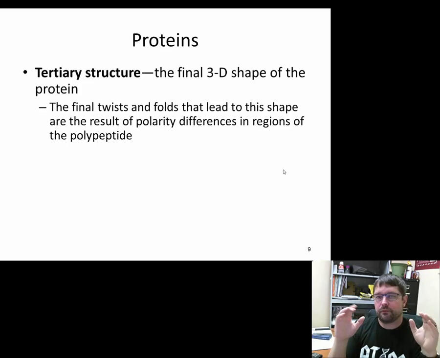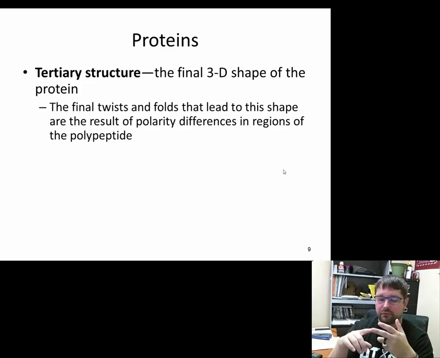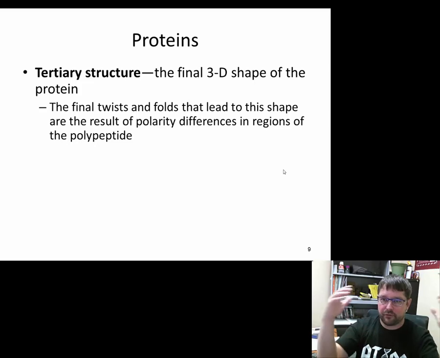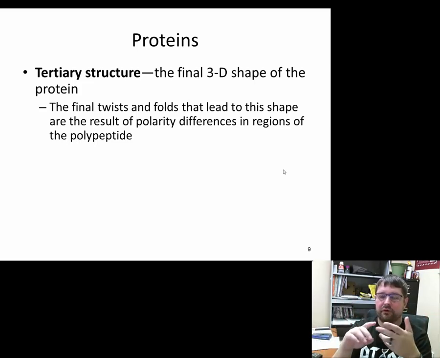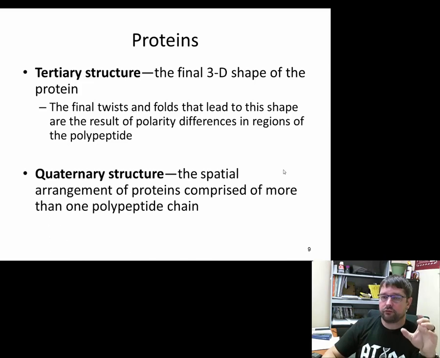So when we talk about proteins, whether we're talking about enzymes or proteins that are building tissue structures or encapsulating DNA, whatever it is, they'll either be in the tertiary structure form or the quaternary structure form.